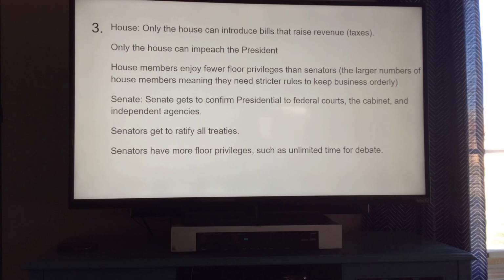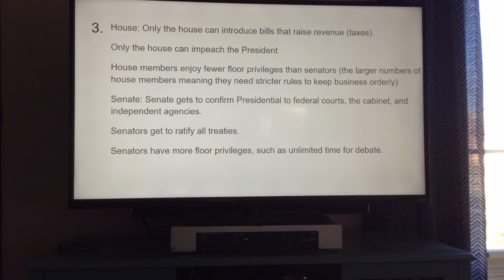We'll talk more about those later in this unit, but a good example is the Federal Reserve. The Federal Reserve, if you remember from economics, controls the monetary policy of the United States. It is governed by a board of governors. Those governors are appointed by the president, but they're confirmed by the Senate.